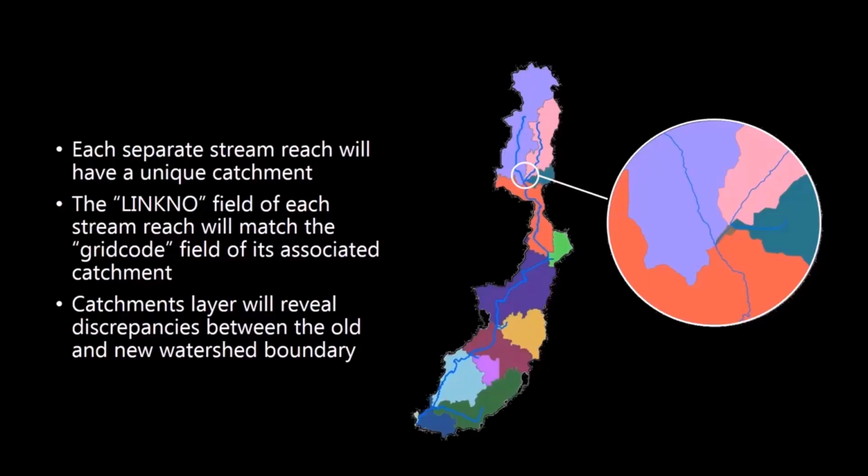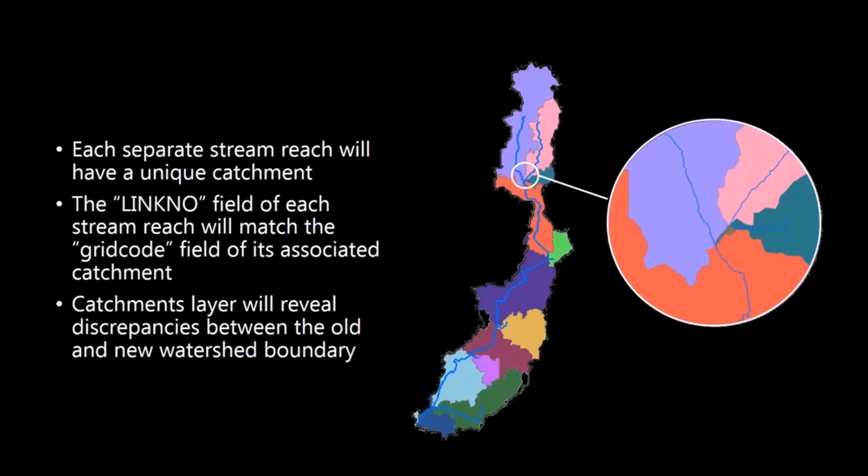I just want to go over real quick what the output is going to look like. We will get our stream reach, which is each of the individual stream segments. With each of those segments, we will get a unique catchment associated with it. Each segment can be linked to its catchment by the link no field in the stream reach and the grid code within the catchments.